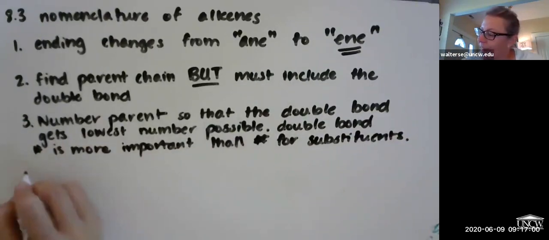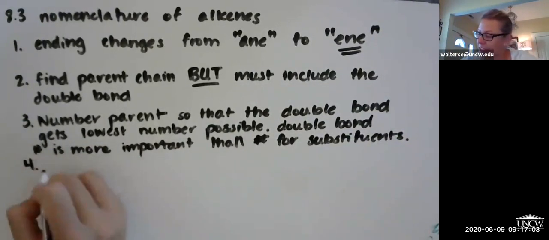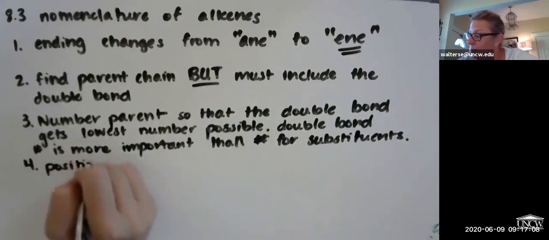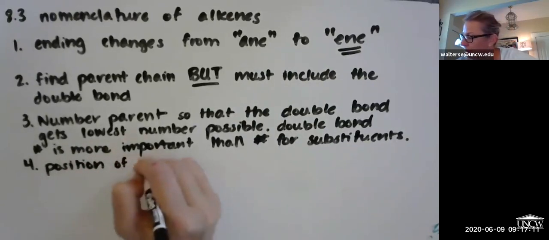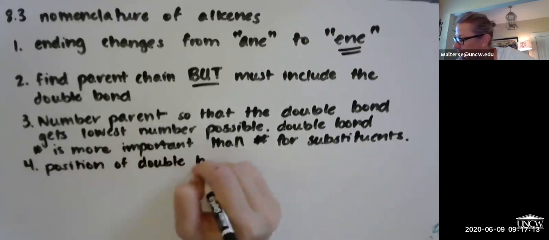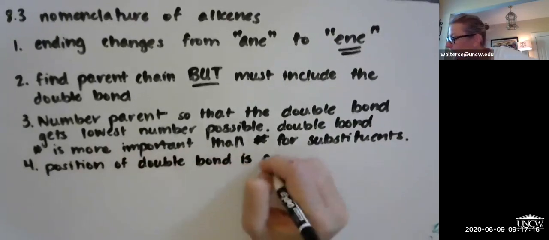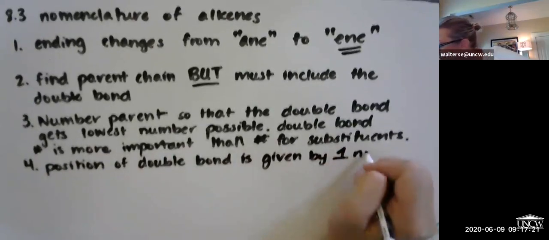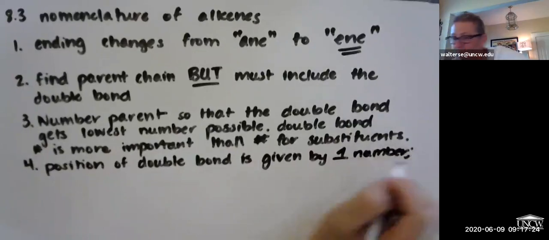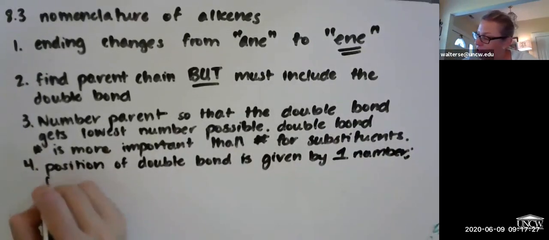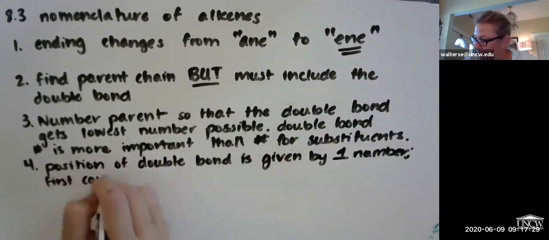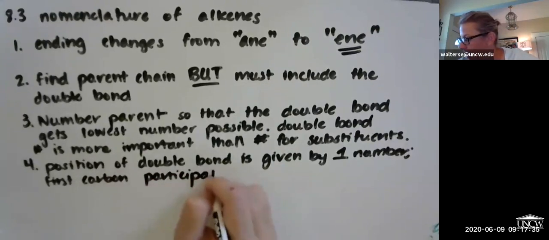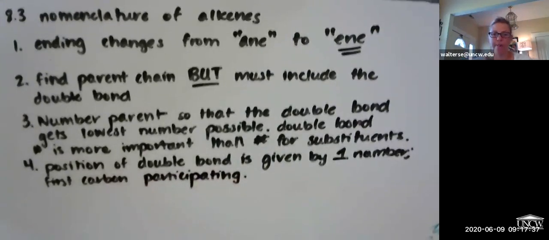Okay. The last rule is that the numbering or the position of the double bond is given by one number, which is going to be the first carbon that's participating. And I'll give you an example of that, and then we'll do a larger compound.